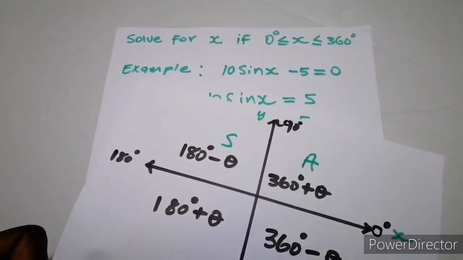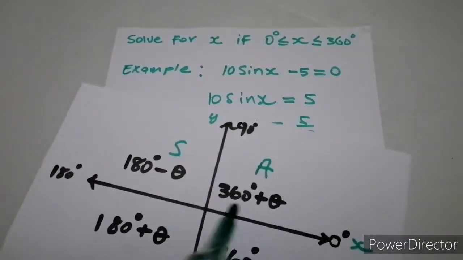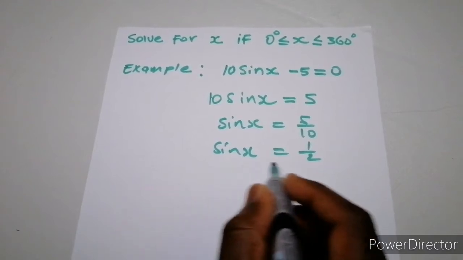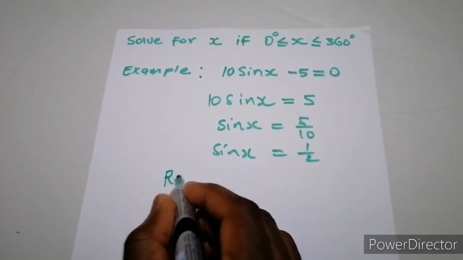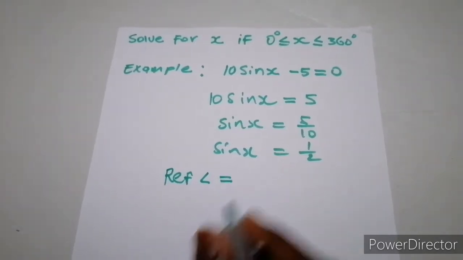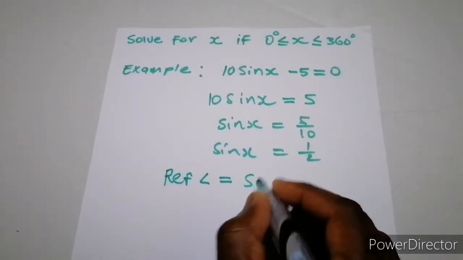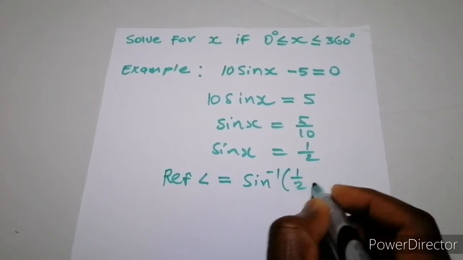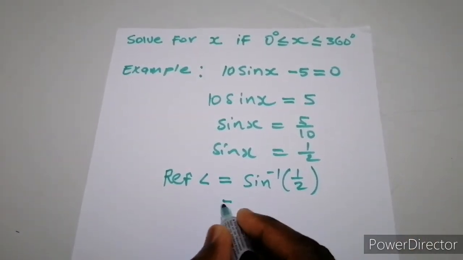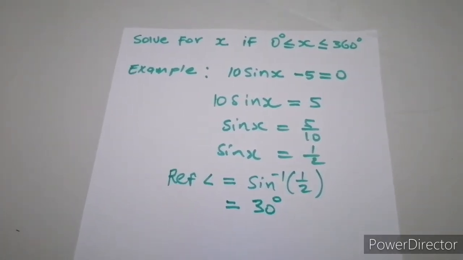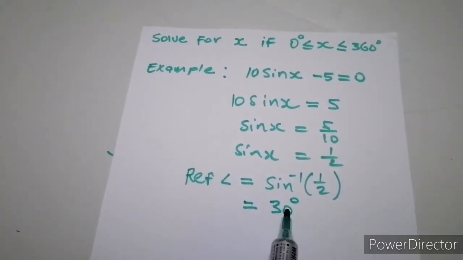Right, what you're going to do first is to find the reference angle. Now, the reference angle is a positive acute angle. The reference angle is equal to the arcsine of half, which is 30 degrees.